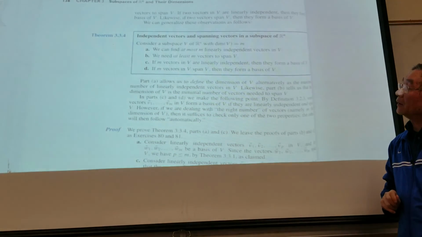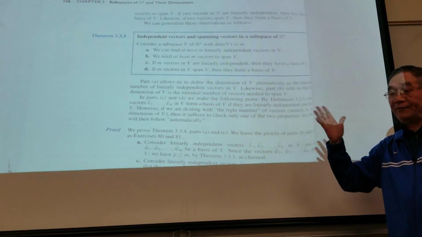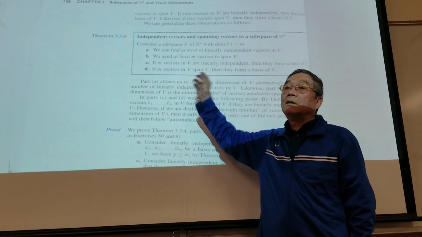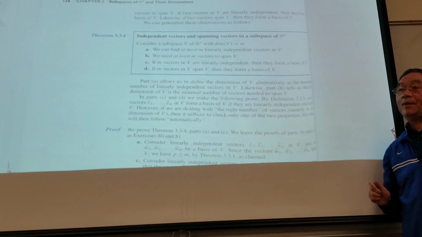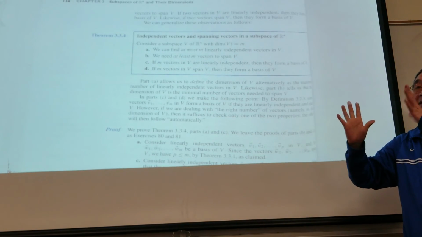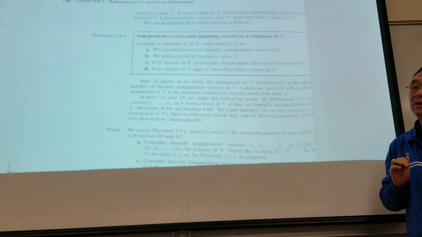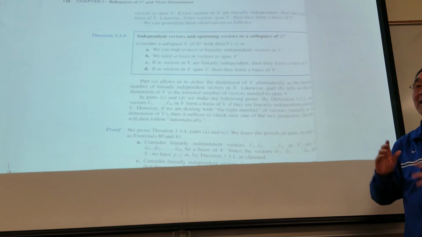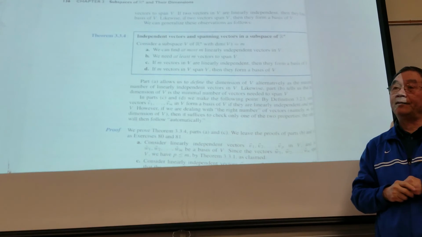Otherwise, if this set of vectors is not linearly independent, then one of them can be deleted. Then you don't have enough number. Remember, we at least need m of them. So you cannot have one deleted and still span the whole thing, right?